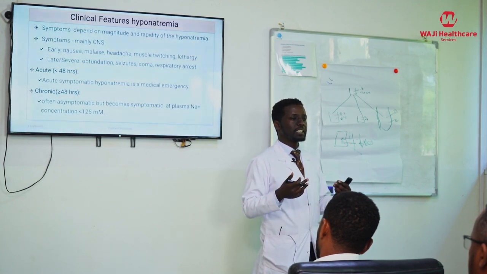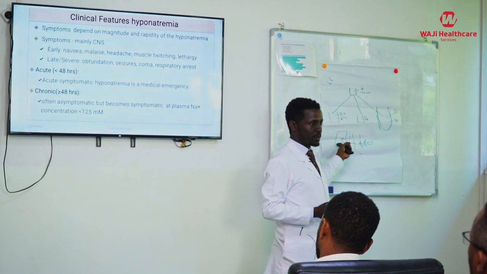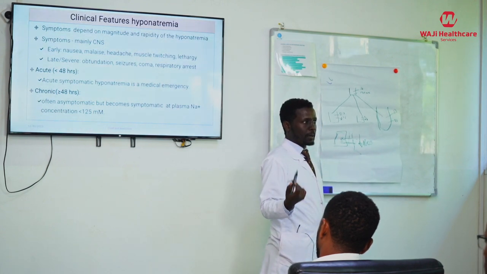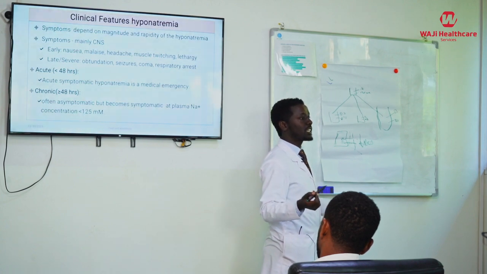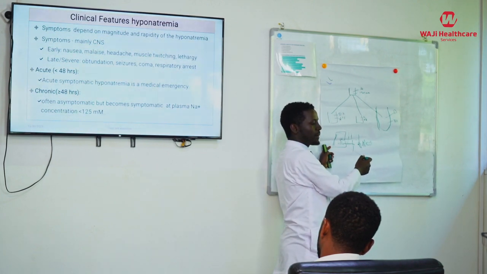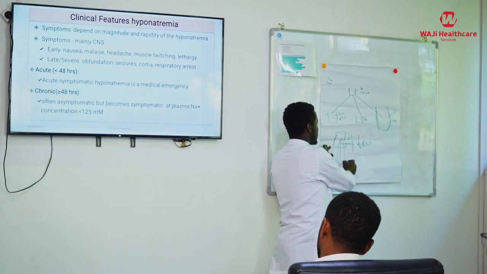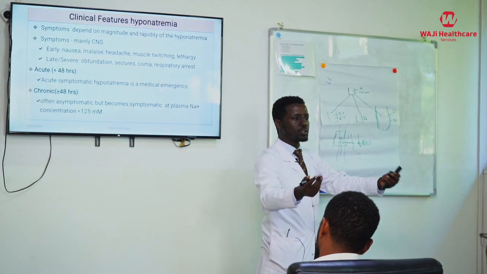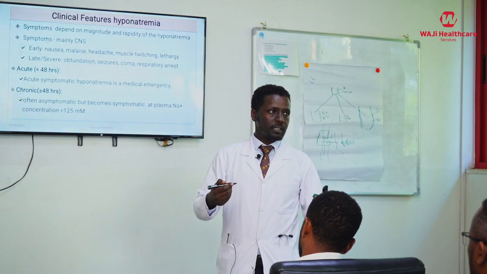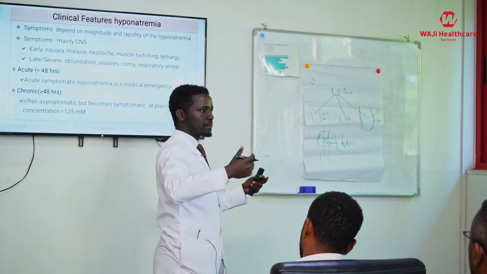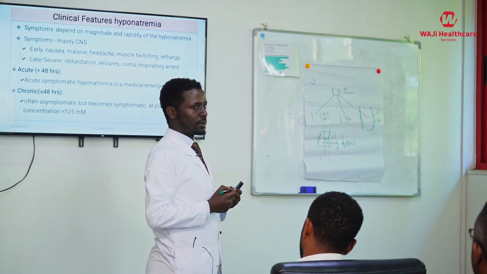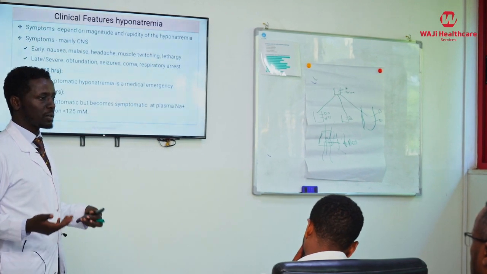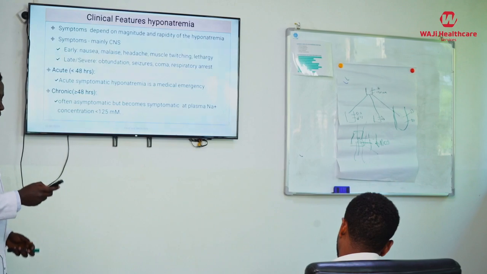So patients become symptomatic because of brain edema, and that is why early hyponatremia is an emergency: the patient has not compensated and develops brain edema. After 48 hours, our body shifts the balance by moving intracellular cations, the positively charged ions, out of the cell. So we at least do not have severe symptoms, because the fluid has shifted out as much as it can. In chronic hyponatremia the patient will be symptomatic but not severely, so it is not an emergency. I think it's clear.